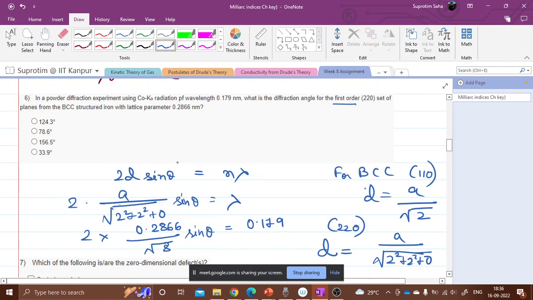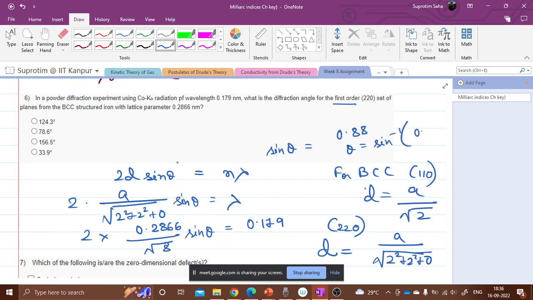Let's just calculate; you also calculate along with me. 0.2866 times root 8 divided by 2, so sin theta equals 0.88.